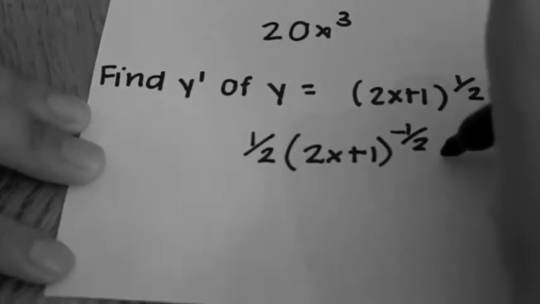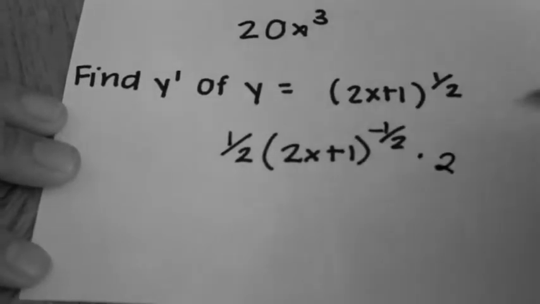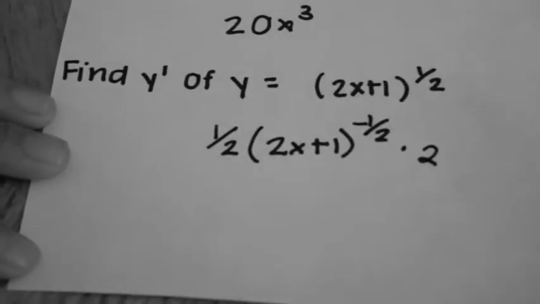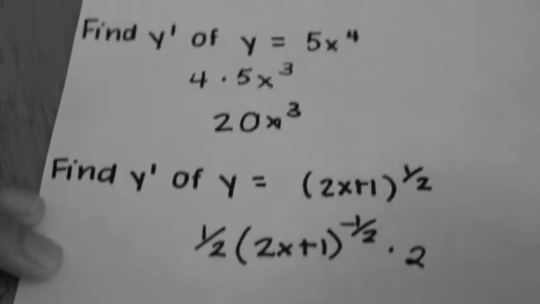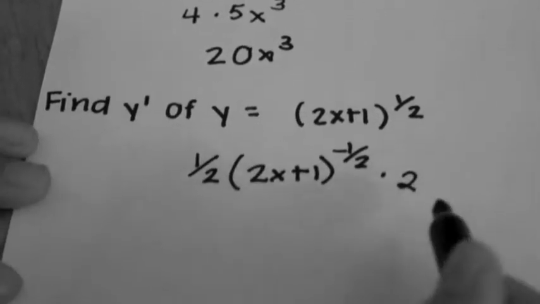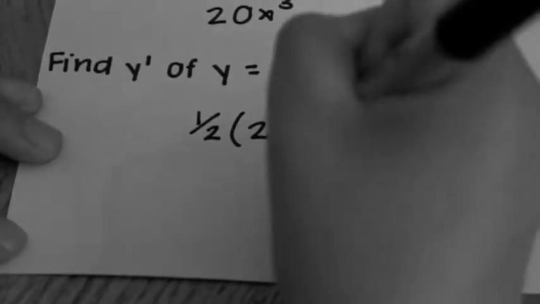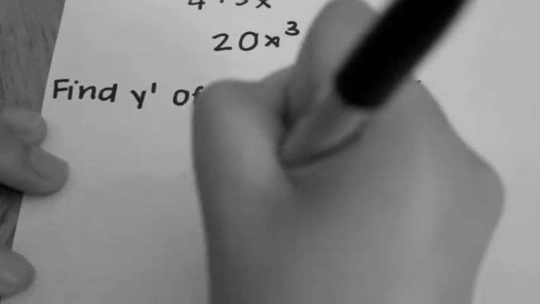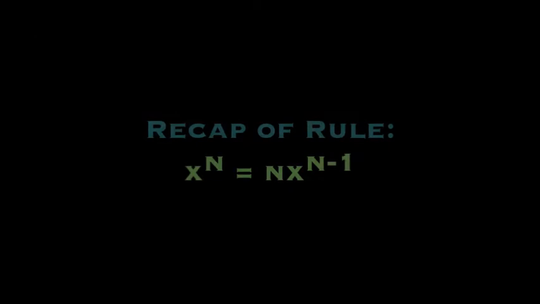And then you also have to multiply by 2, because it's the derivative of 2x plus 1, which is chain rule. So simplify that. The 1/2 and the 2 cancel out, so you're left with 1 over the square root of 2x plus 1.